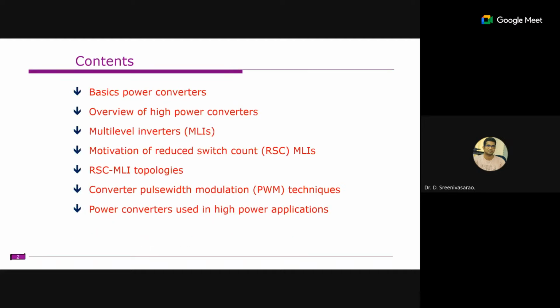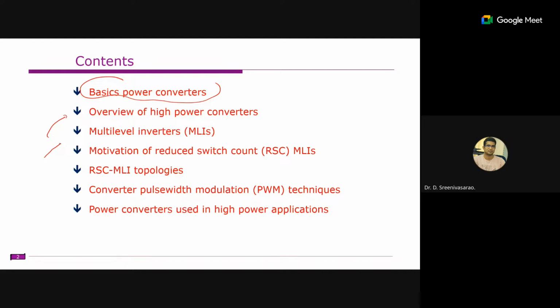So first we'll start with the basics of power converters, and next we move to the high power inverters. We will discuss some of the conventional topologies of multilevel inverters, and later on we move to the reduced switch count multilevel inverters and T-type pyramids, maybe in the upcoming sessions. We'll also discuss their PWM schemes and the challenges we have, especially when you are integrating to the grid. Those things are also discussed maybe in the next section.